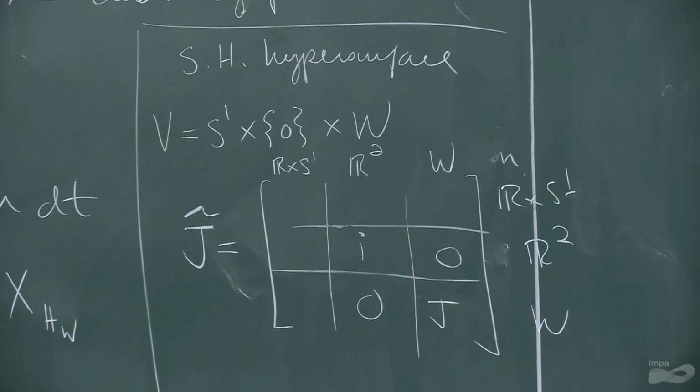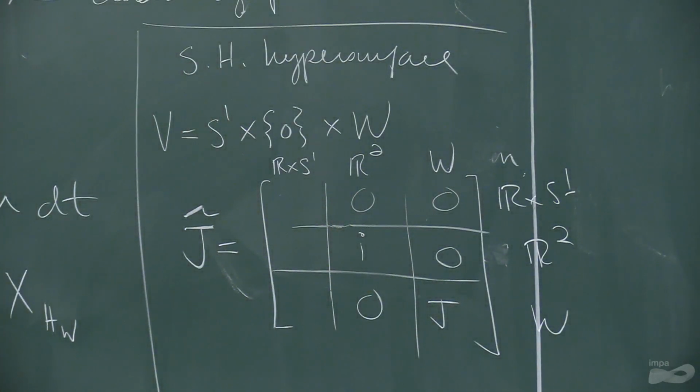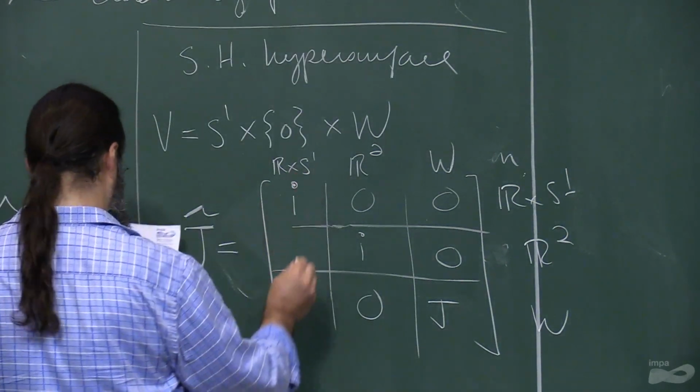And then this will be 0 and 0. And now I need to make sure the R component is getting mapped to the Reeb vector field. And the choice that does that is going to look like this. It's going to look like an I there.